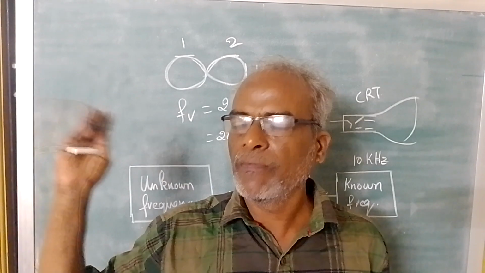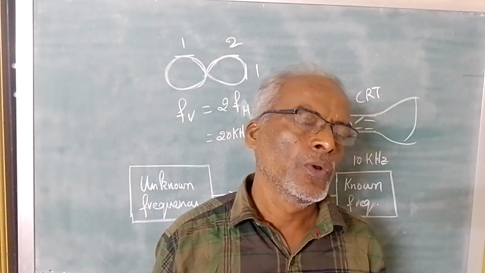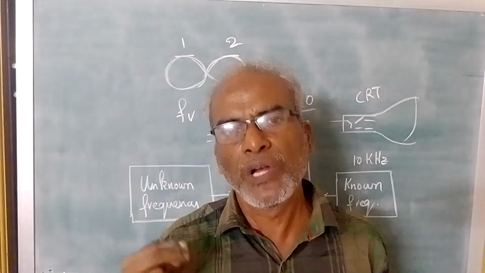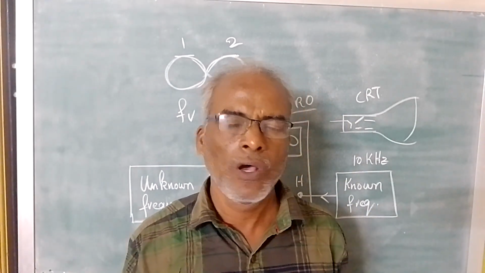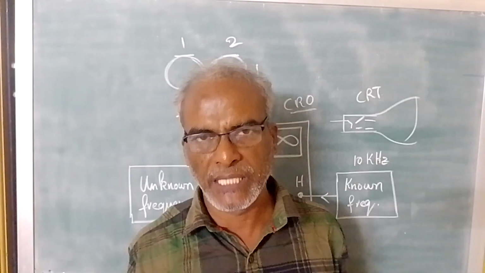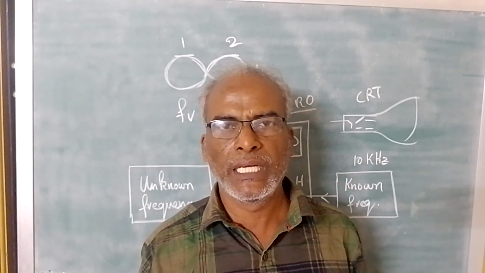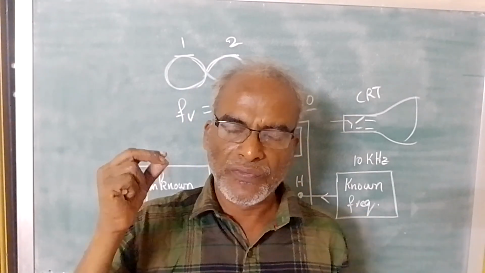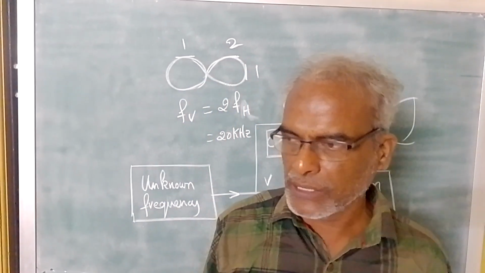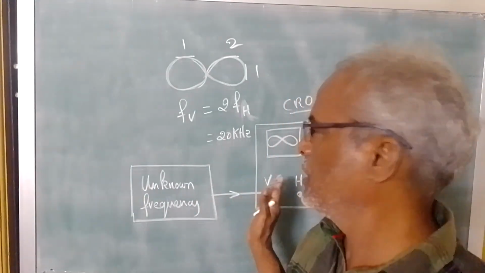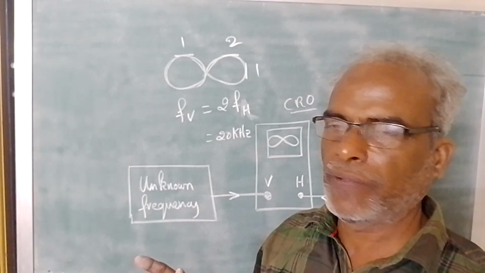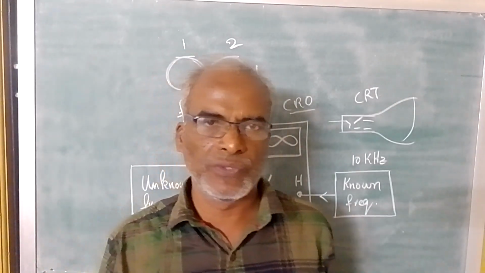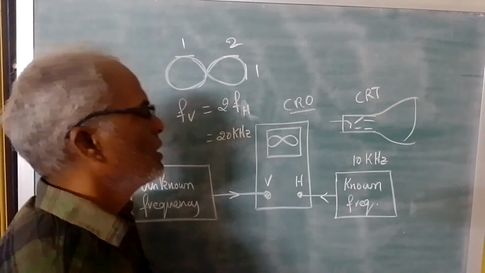All others have n number of frequencies. So this measurement is used only for sinusoidal or cosine waveforms, both are the same, only shifted by 90 degrees. Of course, you can carry out phase measurement also. So the first criterion to remember is that the input given to the CRO is a sine wave, and the known frequency is also a sine wave. Both are sine waves. That's the idea.